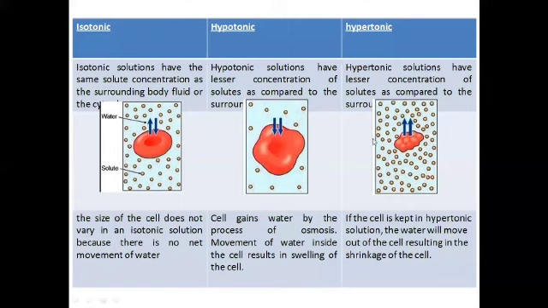Next is hypertonic solution. Hypertonic solution means there is more concentration of solutes in the solution as compared to inside the cell. So in this case, the water will move from the cell to the outside, and this will result in the shrinkage of the cell.